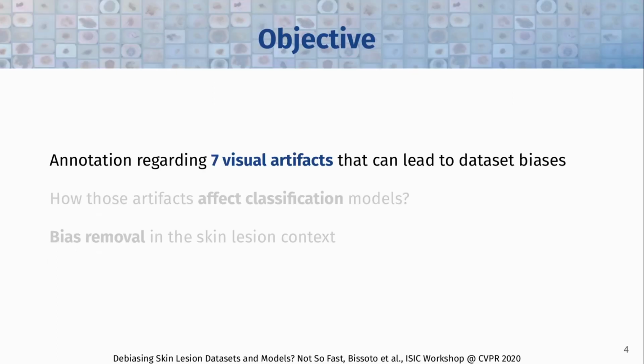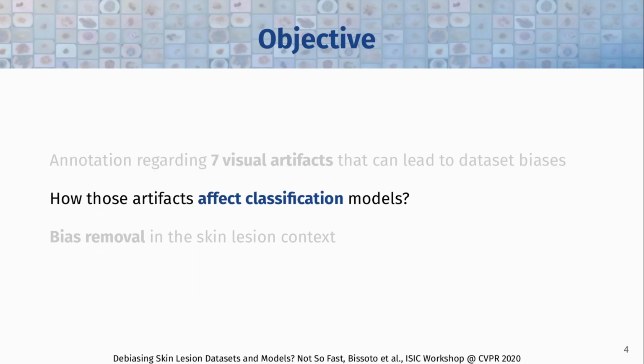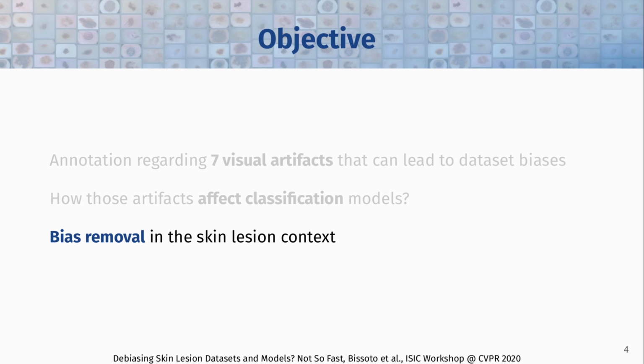So the objective of this work is to try to make sense of that learning process, and for that we annotate our images, the ISIC 2018 Task 1 and 2 dataset, regarding 7 visual artifacts that we think can lead to dataset bias. We evaluate how those artifacts can affect classification models, and we attempt bias removal in our skin lesion context.